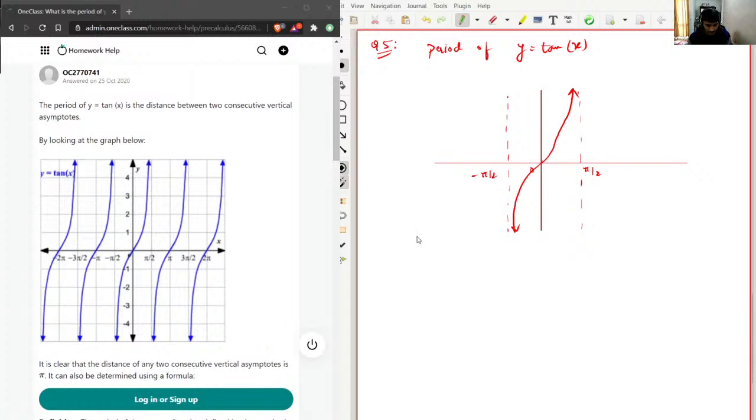So basically the period for tangent x is the distance between two consecutive asymptotes.